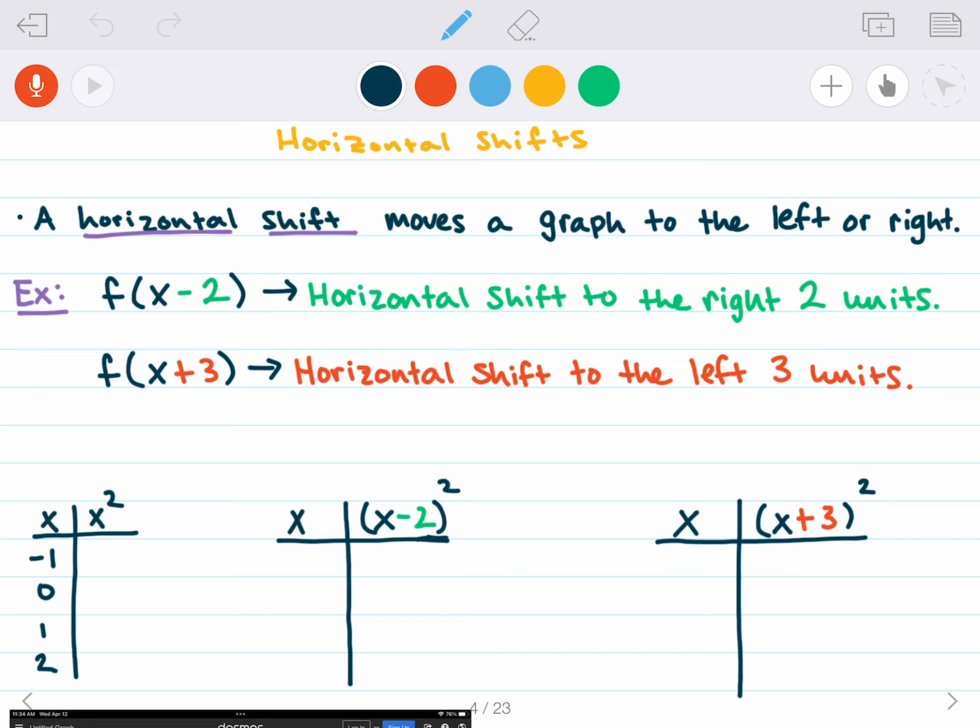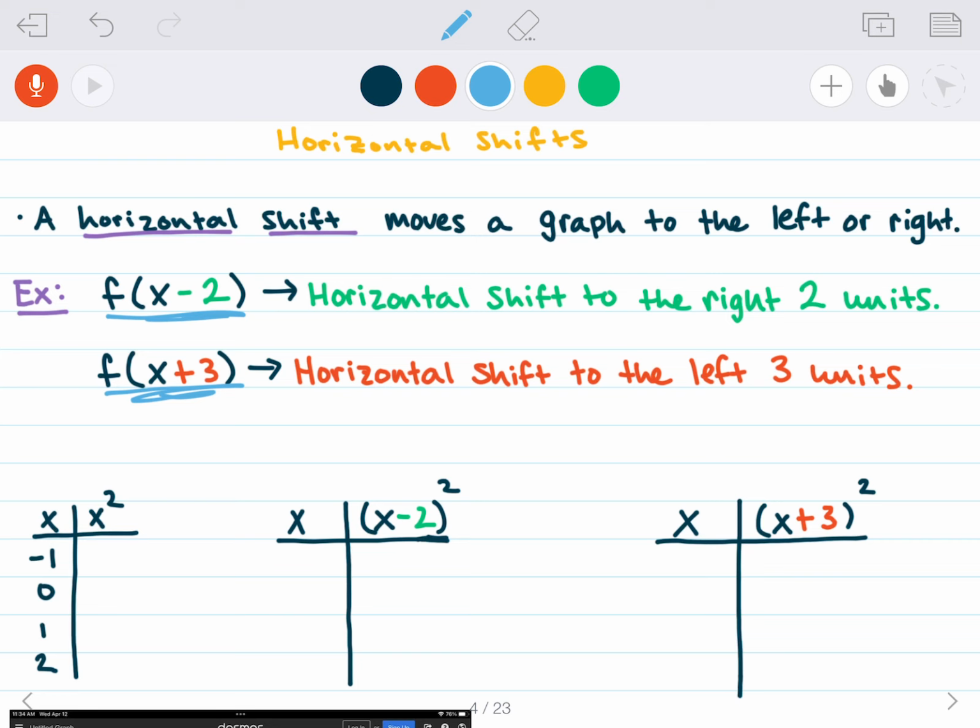When we have the minus sign in there, that means we're actually shifting to the right, whereas your brain wants to shift it to the left because it's negative. It's actually shifting to the right, okay? That's a very common mistake that people make here. So a -2, we're shifting to the right 2 units. On the other hand, a positive moves to the left. So we're shifting this thing horizontally to the left 3 units.